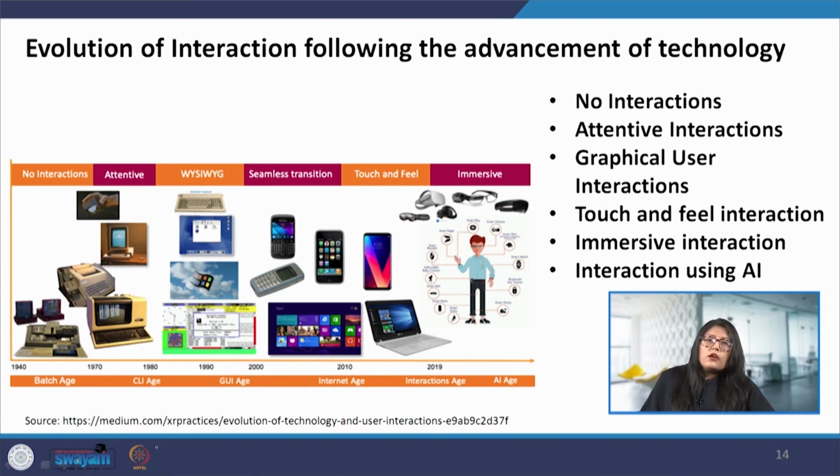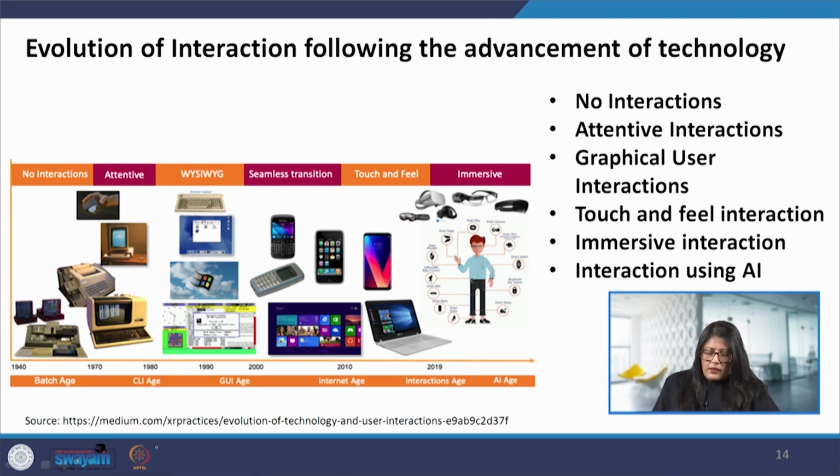It allowed us to be mobile, and also get more immersive experiences. In the interaction age, which was around 2019 onwards, there was a lot more focus on interactive products and interaction between humans and computers, and AR, VR, all these technologies came up in order to provide us all with a better experience.